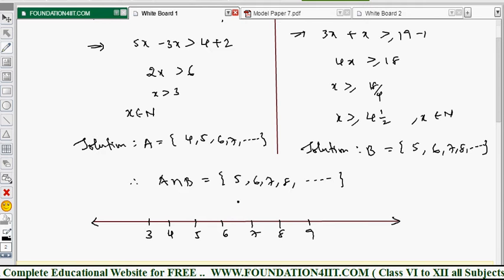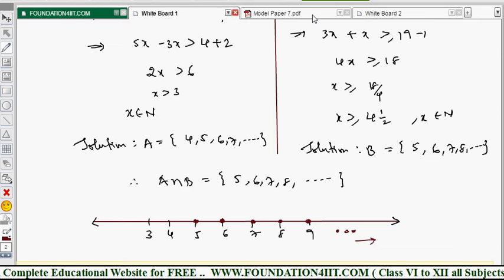So x belongs to natural numbers, so we need to mark, or bubble, from 5 onwards. So 5, 6, 7, 8, 9 and so on. Just keep the arrow mark. So from 5 onwards everything. Because x belongs to natural numbers, you should bubble this.